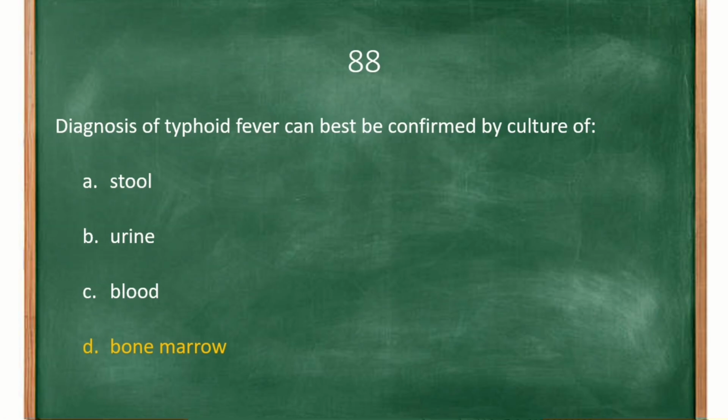Stool culture is also useful, but in chronic situations, or in people who have been acutely infected, you may have negative test results for the stool test. And then usually for urine, B, you will not typically find the typhoid bacteria in there. So the best answer here is option D.